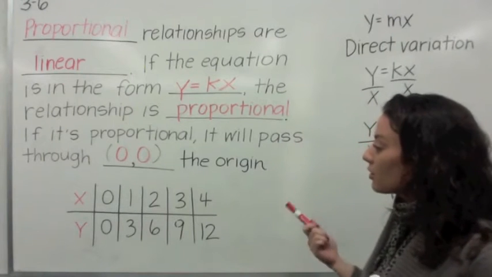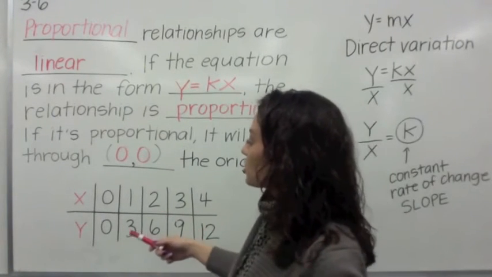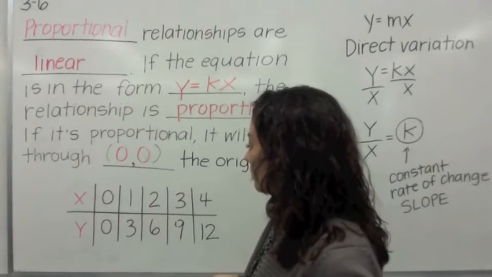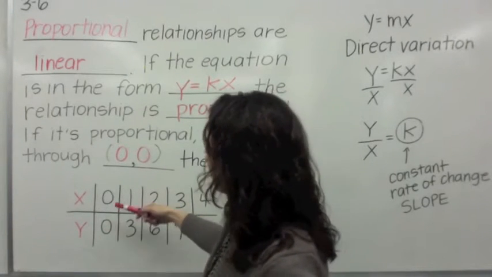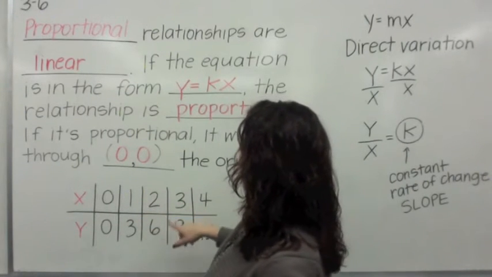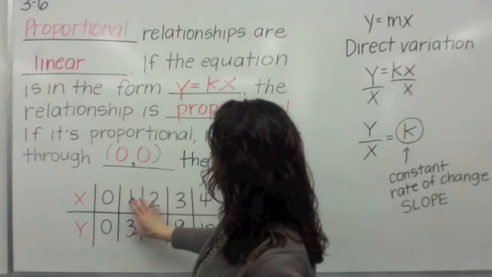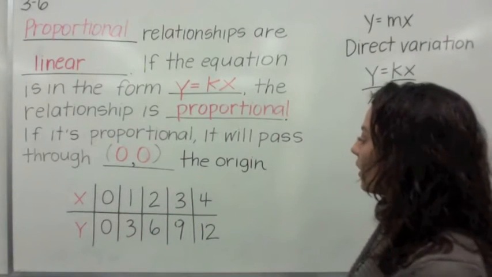So we look at the ratios here. I know you could look at this both ways. You could clearly see if you form these as fractions: 0 divided by 0, and then 1/3, 2/6, 3/9, and 4/12. If you looked at all of these as fractions, they would simplify to 1/3.